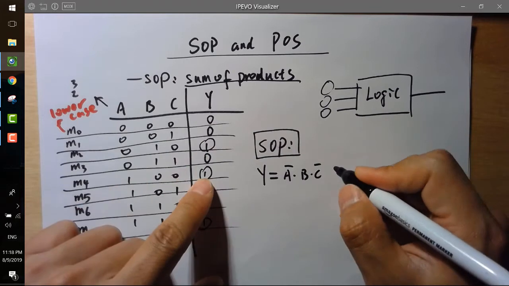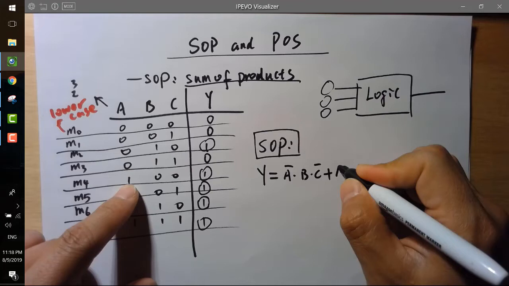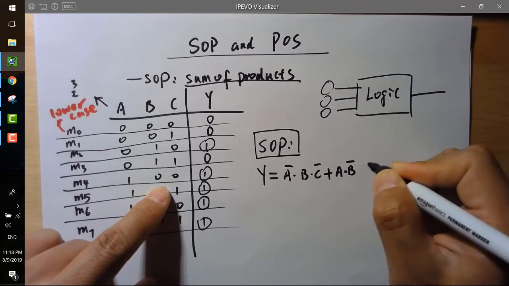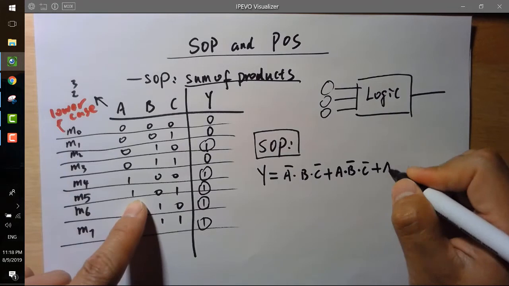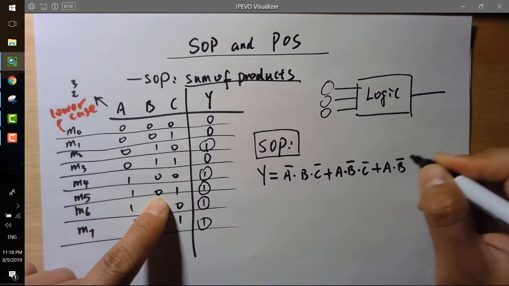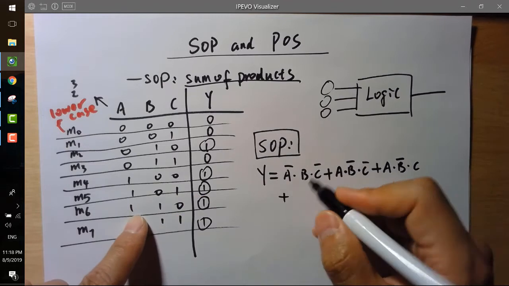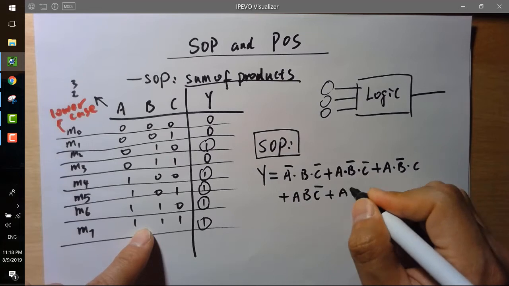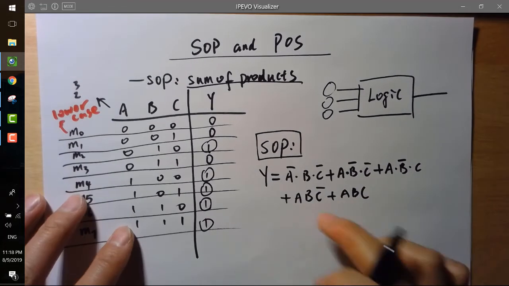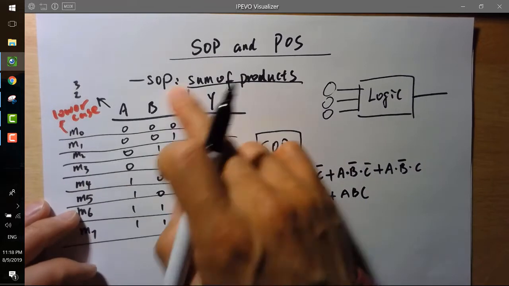And for the other ones, it's A, B bar, C bar, or A, B bar, C, or A, B, C bar, or A, B, C. That's how you do it. So this one will work for the entire truth table.